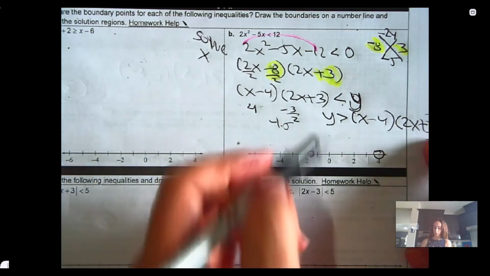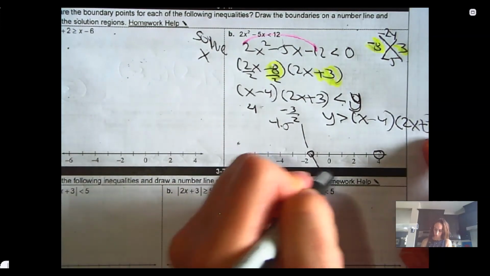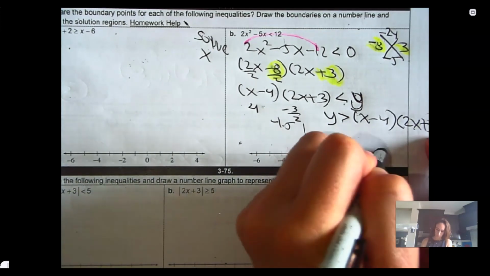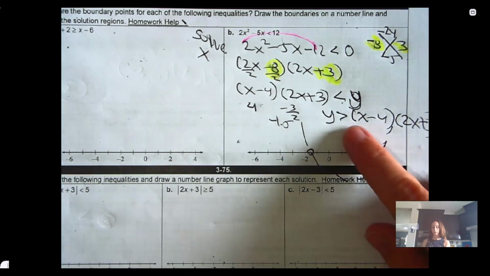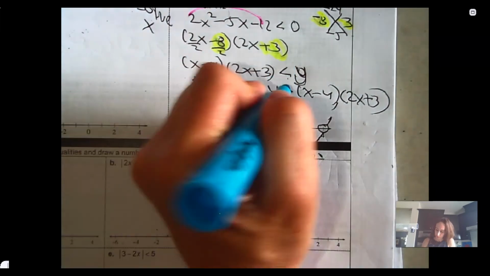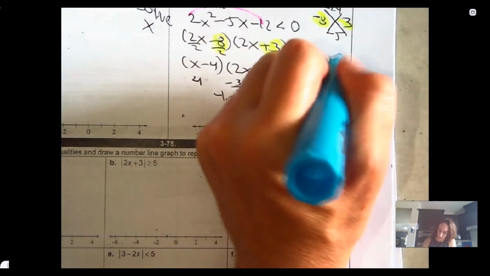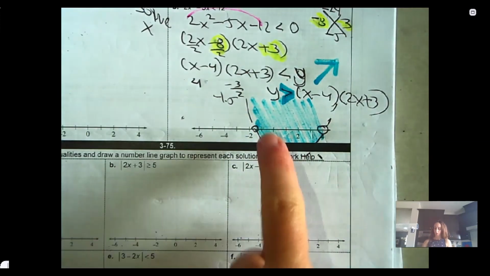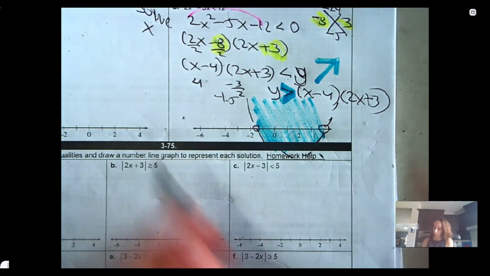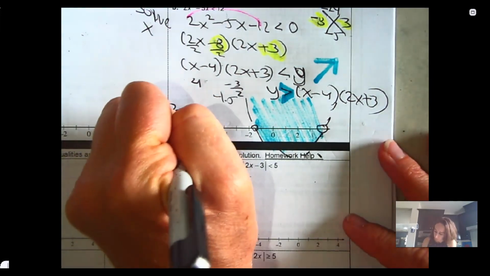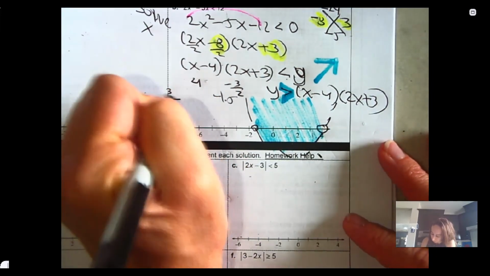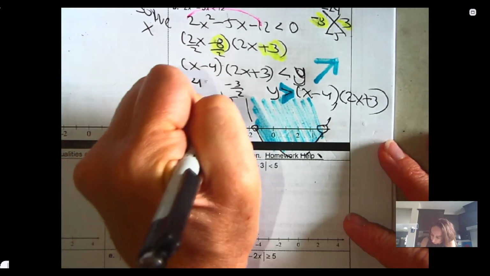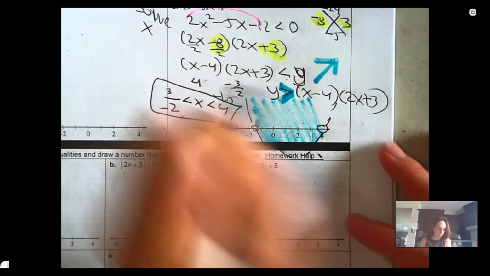Now, I know it's going to make a U. It's dashed because of that. It's shading up. So if you see, because it's greater than, it's shading up. So that means it's all here. Well, look at that. Where is it shading? It's shading in the middle. Therefore, it's -3/2 is less than x, which is less than 4.